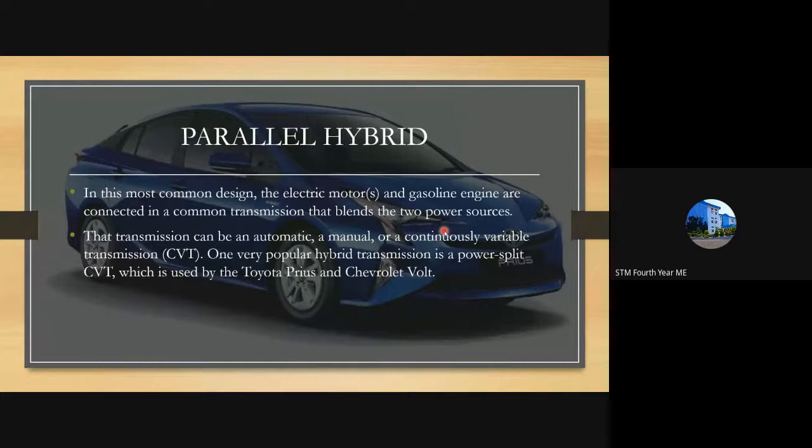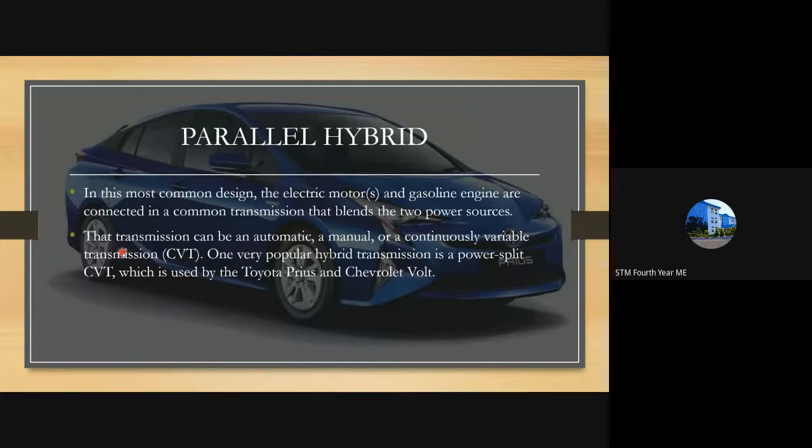One we have discussed before. The transmission can be either automatic, manual, or continuously variable transmission, which is CVT. Automatic is the automatic drive that we have seen today. Manual is shifting the gear manually. And then the continuously variable transmission is also an automatic system, most commonly used nowadays.